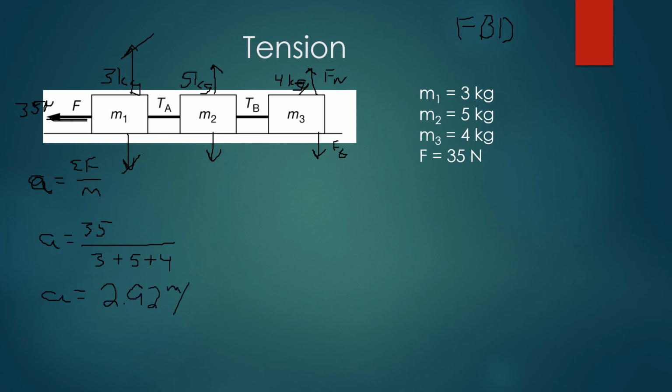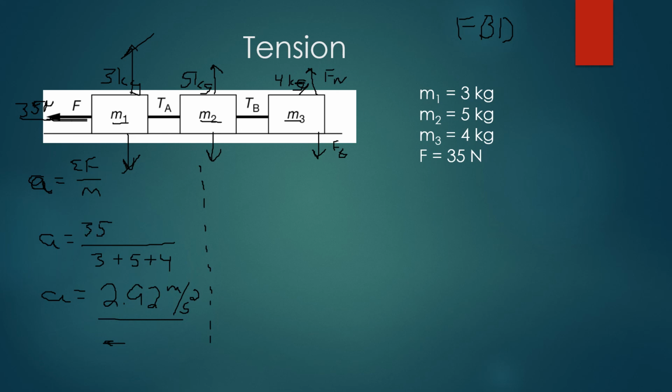So I know that every box individually has an acceleration of 2.92 meters per second squared to the left. In the last problem, I knew it was 0. But because it's moving in this problem, I have to do this extra step. I take the pull and divide it by all of the masses together. That's the key here. Now that I know that, I can draw the individual free body diagrams.